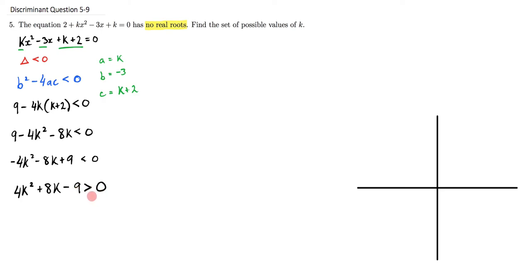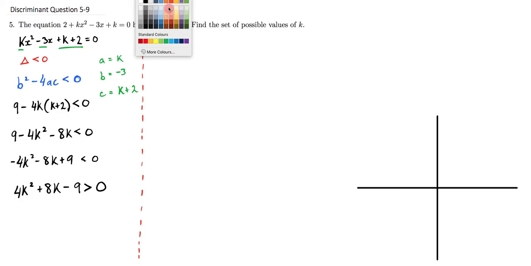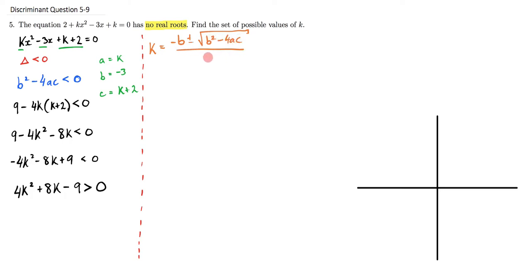All right, now, as I said, these questions are a bit hairy, and the reason for that is because in order for me to find what k is, remember that is what we're trying to do, find the value of k, I'm actually going to have to use the quadratic formula. So my quadratic formula here, let me choose a new color, let me go orange, will be k equals minus b plus or minus the square root of b squared minus 4ac over 2a.